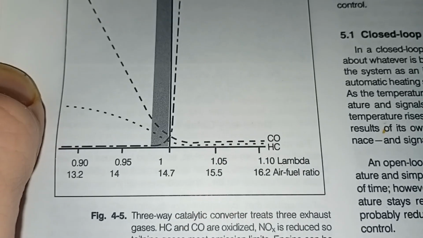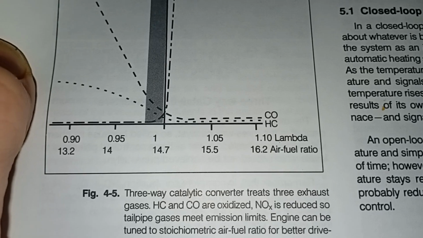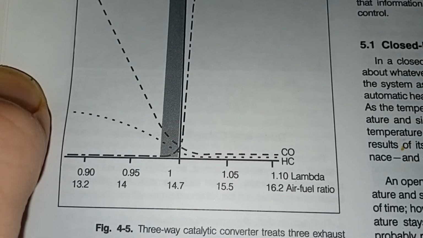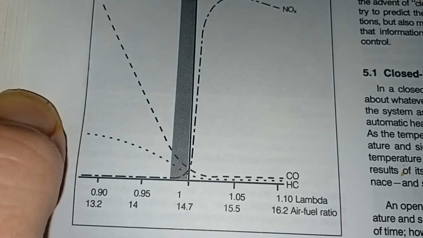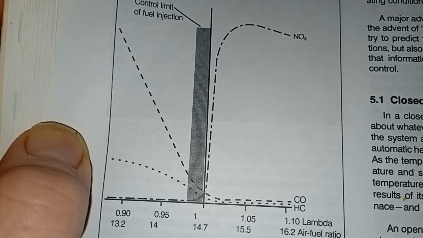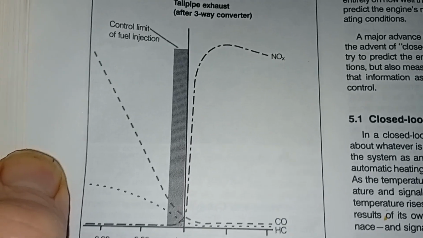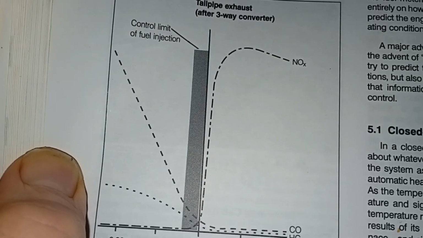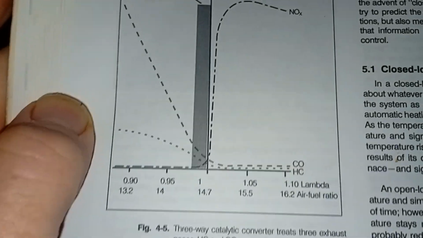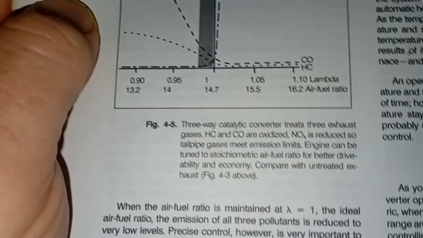The bottom of the graph is air-fuel ratio, then lambda, and then the levels of hydrocarbon emissions are those three dotted lines. I think I'll come back to this graph and do a special video.